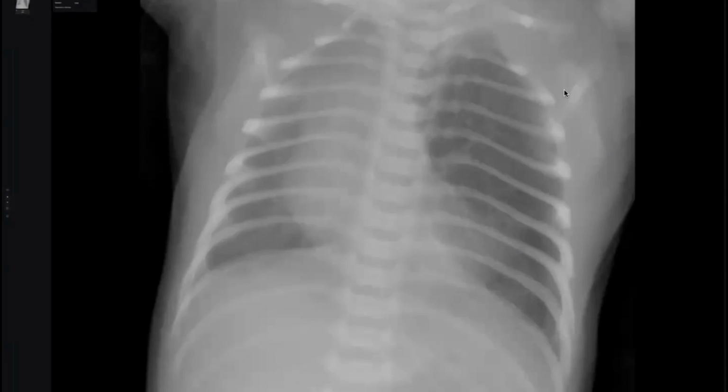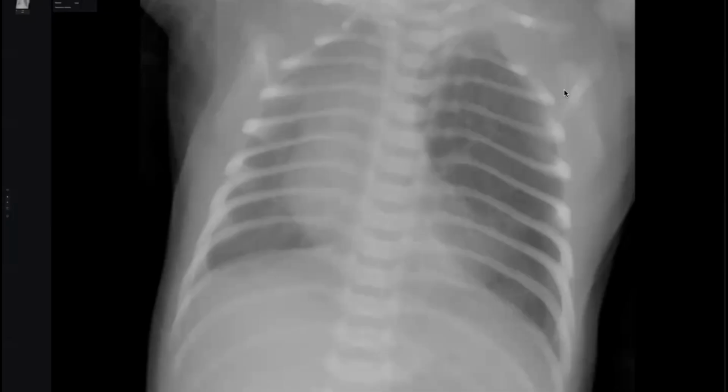It has a mass effect, shifting the mediastinum to the right side, and indenting the lower lobe.